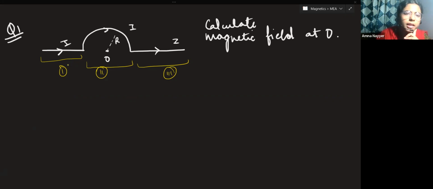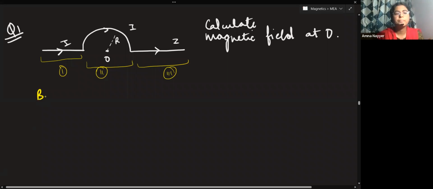So B1, can anyone tell what is the magnetic field due to this first segment? Only this. Anyone from the class?